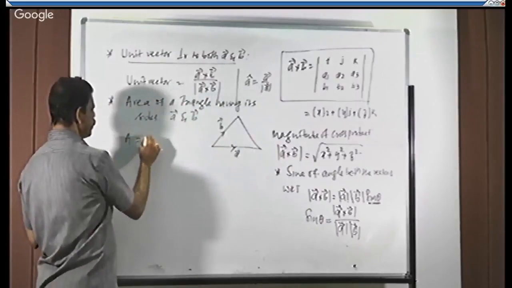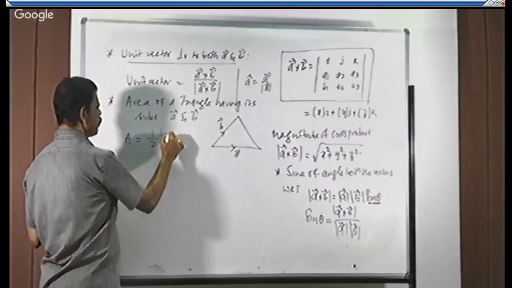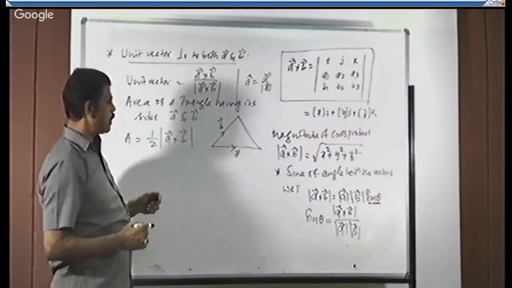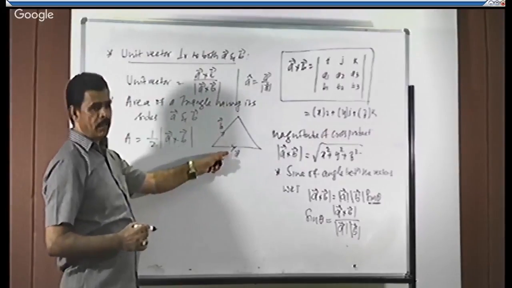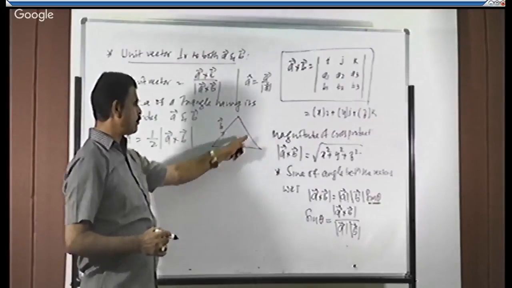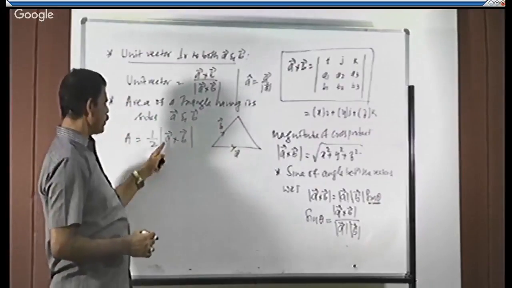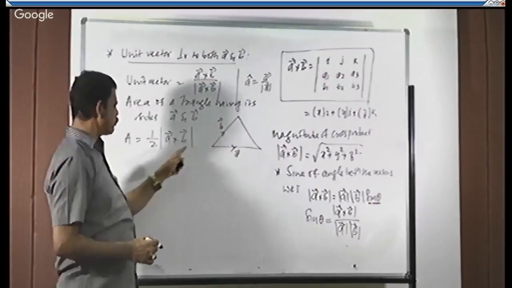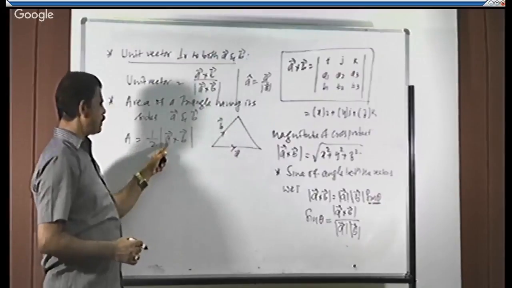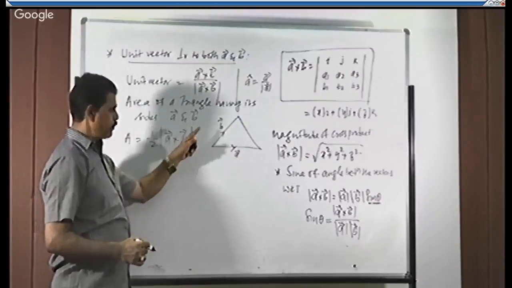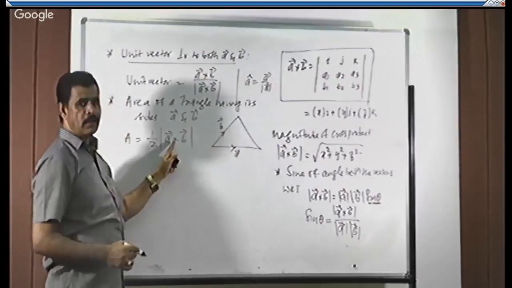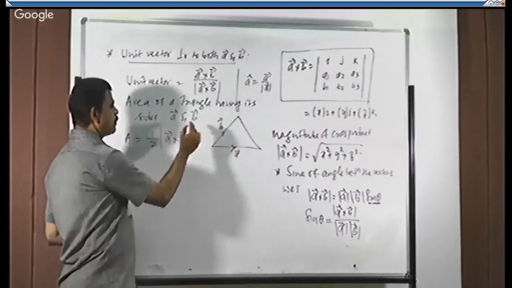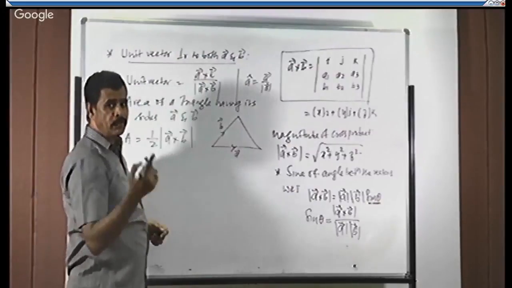So the area of the triangle is given by half into the magnitude of A cross B. This is the area of a triangle having the two sides A and B. Suppose I know A and C, what is the formula? Half of A cross C. If I know B and C, then half of B cross C. So if you know any two sides of a triangle, you can write the area of the triangle as half of the magnitude of the cross product of those two sides.